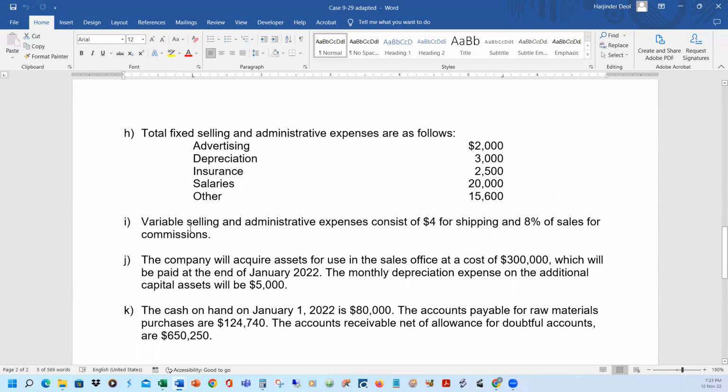Then we are told that variable selling and admin expenses consist of $4 for shipping. That'd be $4 per unit. It's not like all the units we sold cost us $4. That's $4 on a per unit basis, and 8% of sales for commissions. So these two are variable selling and admin costs.